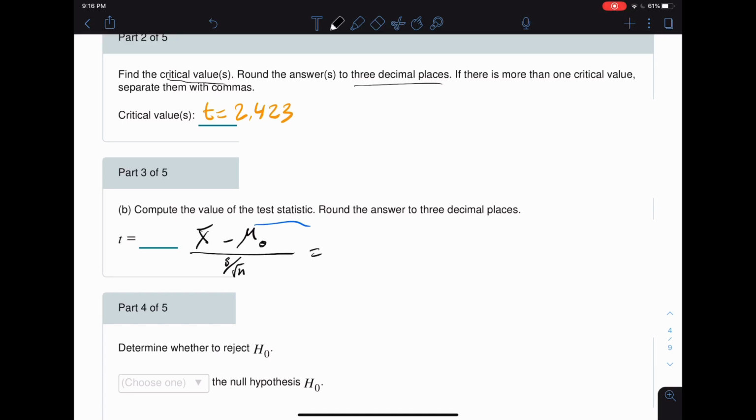Okay, let's do this. So the sample mean is 192,890 minus the population mean 178,258. That gets divided by the sample standard deviation 43,117, which gets divided by the square root of the sample size, 47.